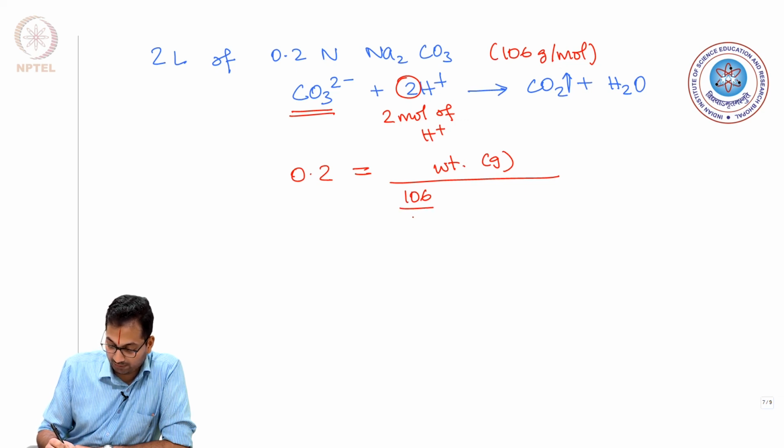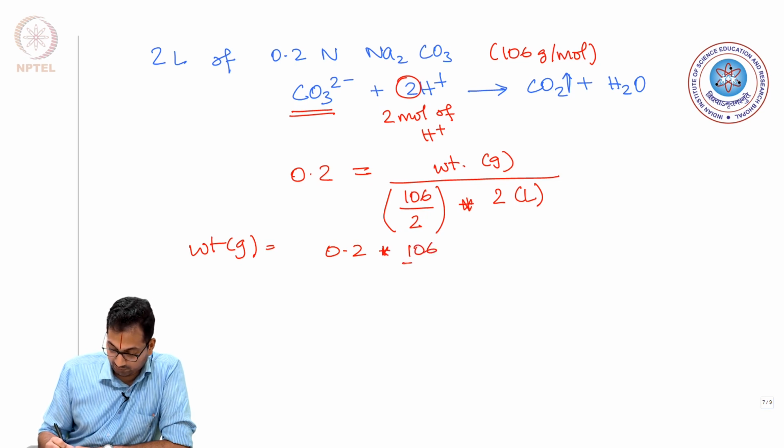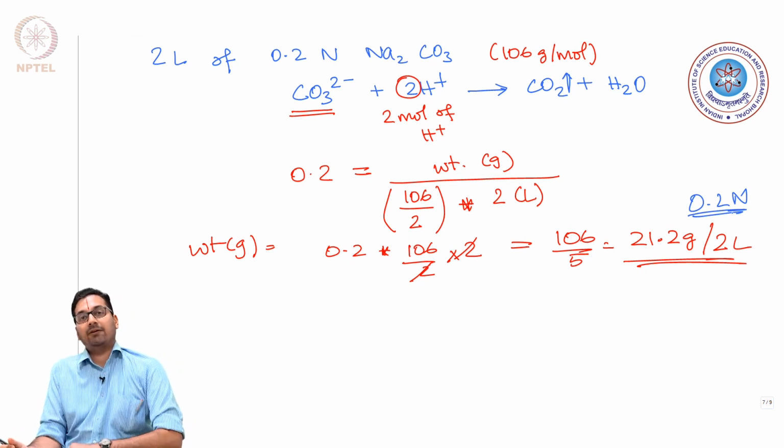So basically you had the definition of the equivalent weight, and here you are multiplying by the number of liters in solution. So the weight in grams is given by 0.2 times 106 by 2 times 2, which is 106 by 5, 21.2 grams for 2 liters to make an overall concentration of 0.2 normal in this reaction.